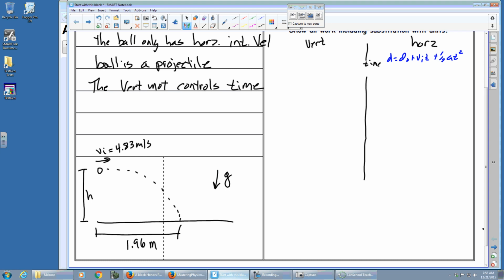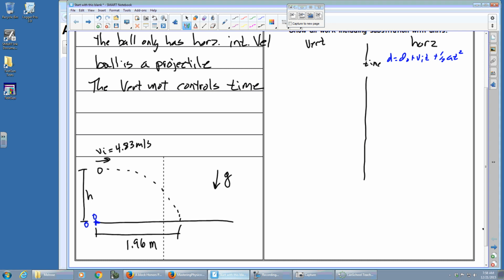Looking at that horizontally, I'm going to call where the ball starts horizontally 0, and the ground right below that 0 also. So right below where it starts for me is going to be 0, 0. I'm going to take up and to the right as positive.